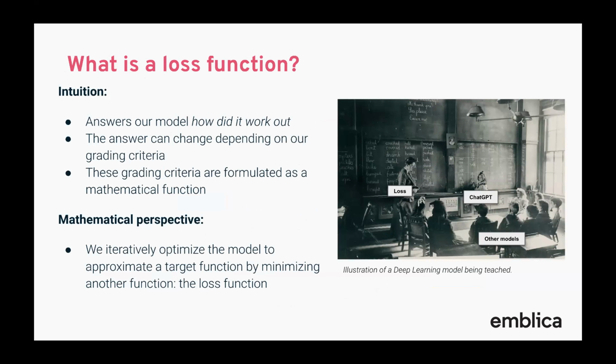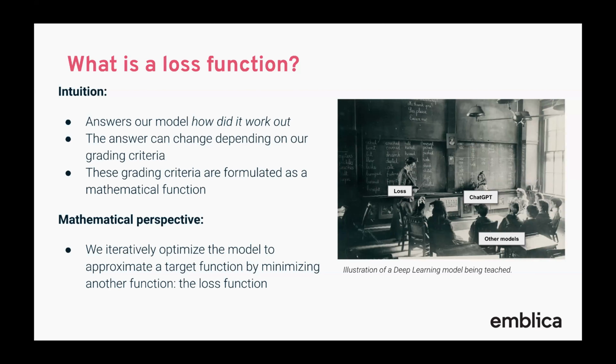If you've ever been in school and you haven't been happy about a test result, and you say, well, the teacher graded this exam very wrong, I don't agree with this at all, then you may be in the same situation as a model that has been trained with a poor loss function. So the loss function choice changes how the model perceives the problem as being solved.